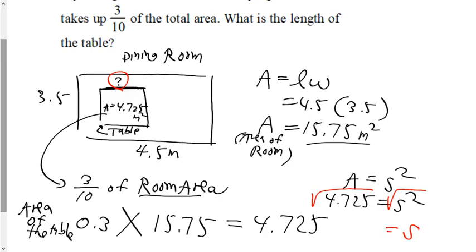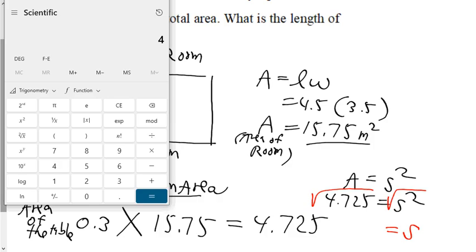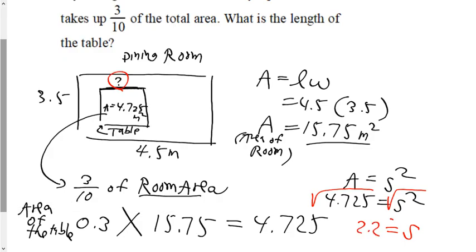S is isolated, and all I have to do is grab my calculator, ask it, what is the square root of this number? And press the square root button, and it says roughly 2.2. Just like that. So I can take my question mark, say it's approximately 2.2, and therefore the length of the table is 2.2 meters.